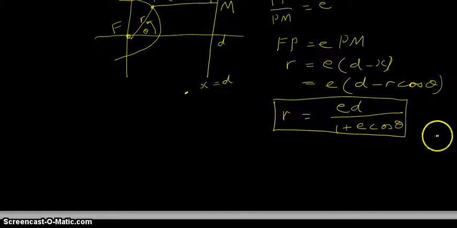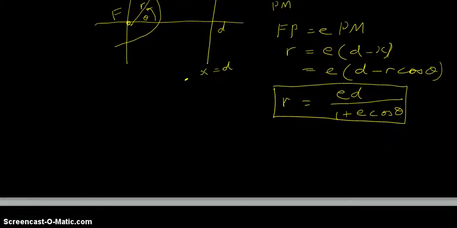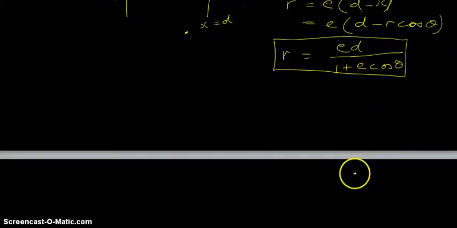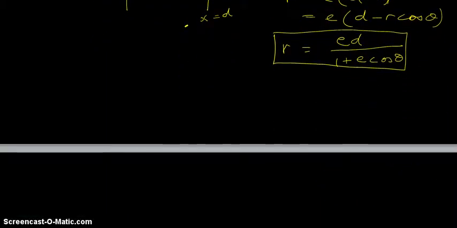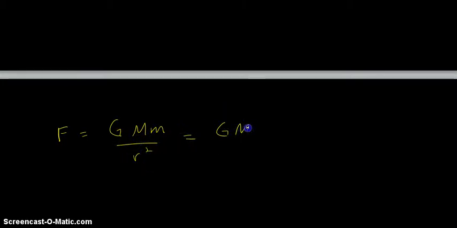Now, from there, let's have a look at Newton's law once again. It says that F is big G, big M, little m over r squared. Let's write that using complex numbers.